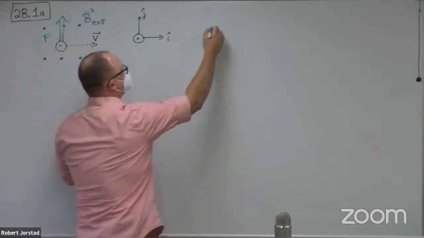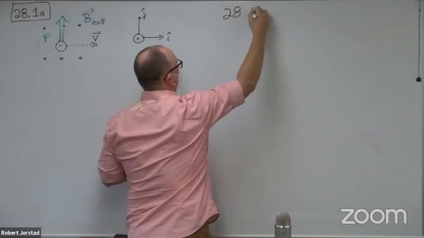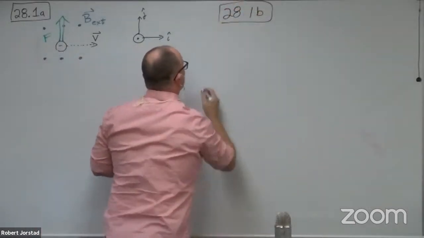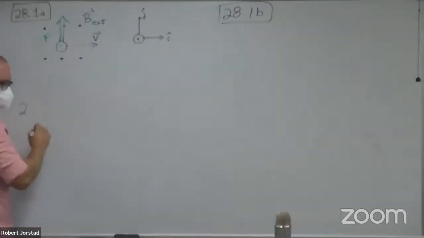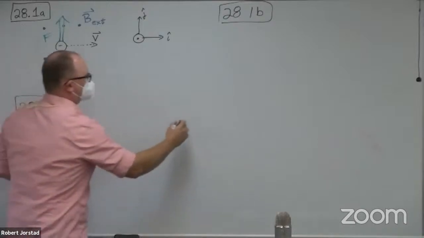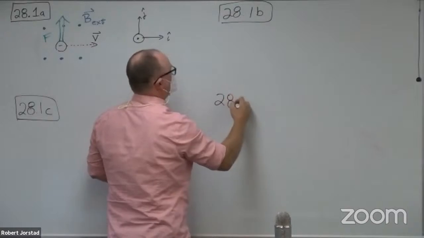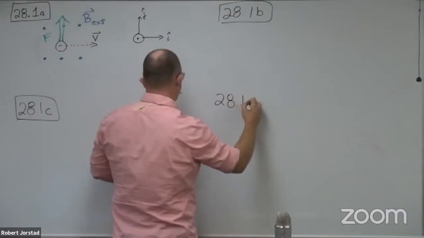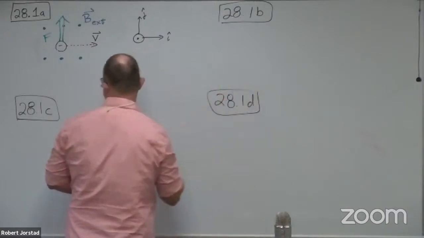Just so we have some room, let's go to the next one. What did I say? 28.1B. And then we did, is this going the same way it looks on the page? Yeah. Go ahead, do them all. I'll catch up. I have to draw them first.